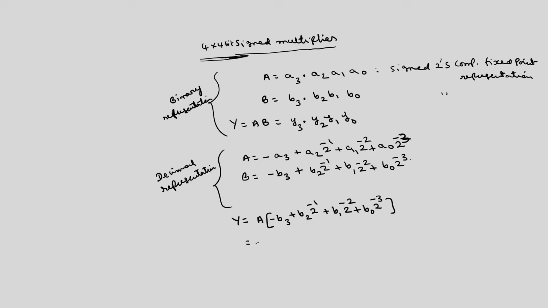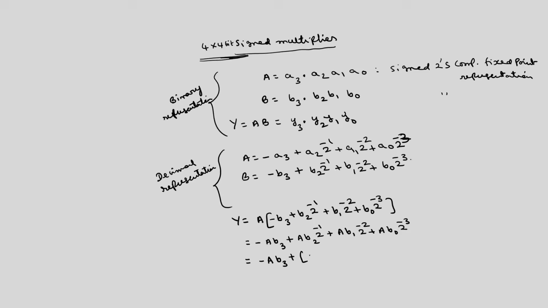So, this is nothing but minus A B3 plus A B2 2 raised to the power of minus 1 plus A B1 2 raised to the power of minus 2 plus A B0 2 raised to the power of minus 3. This I am going to write cleverly, so that the complexity of the multiplication architecture will become less.